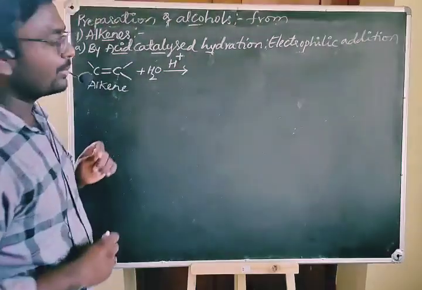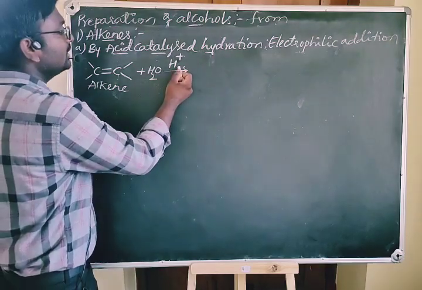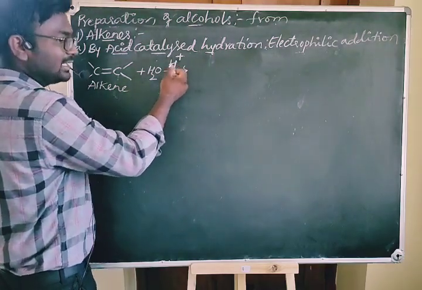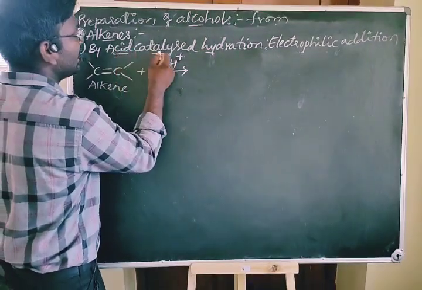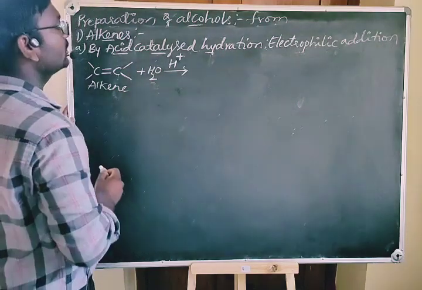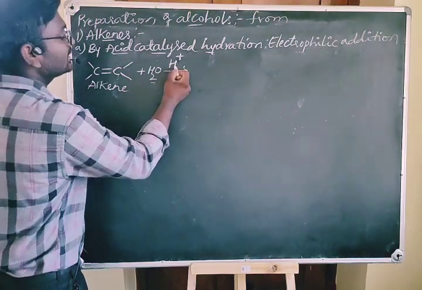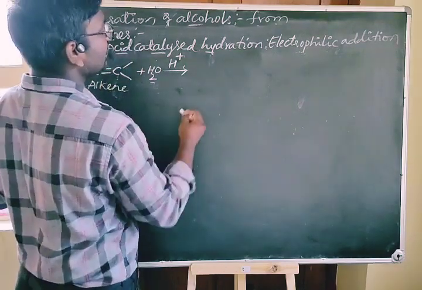Here the acid is represented as H plus ion. The acid acts as a catalyst, and therefore it is called acid catalyzed. Hydration is the addition of water. So this reaction is called acid catalyzed hydration of alkenes, which gives alcohols.